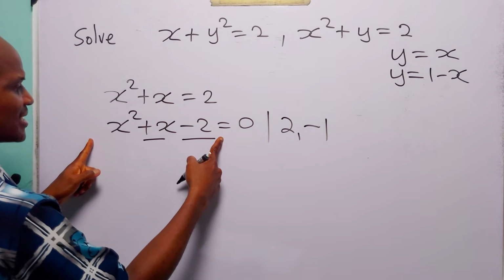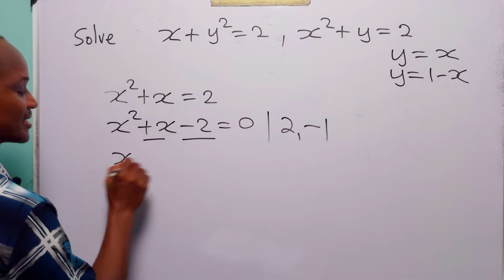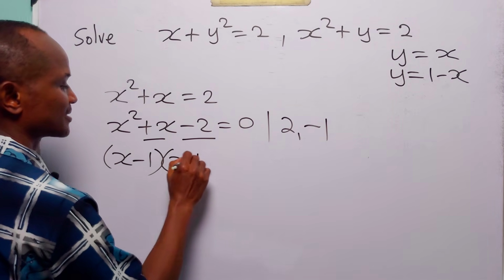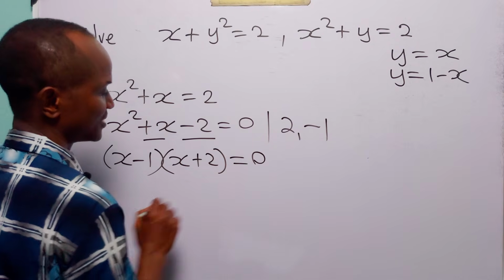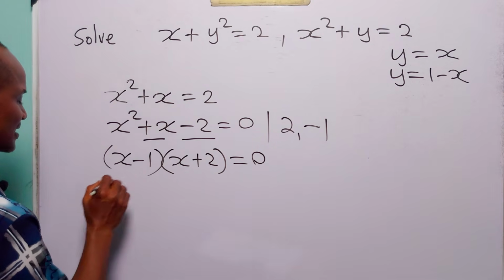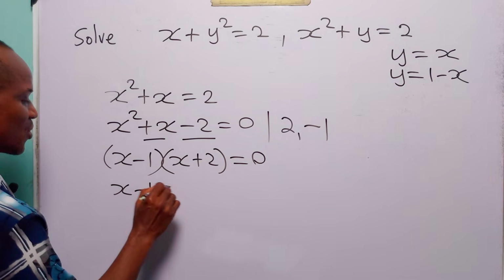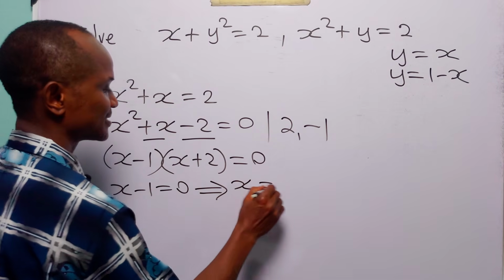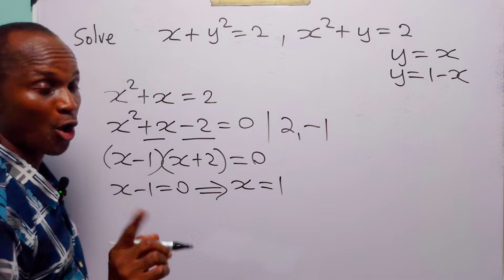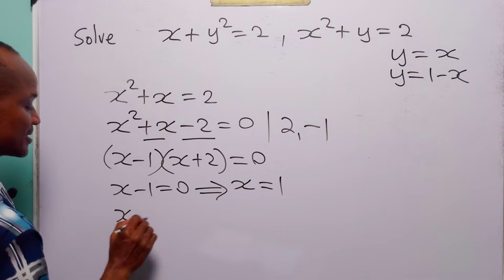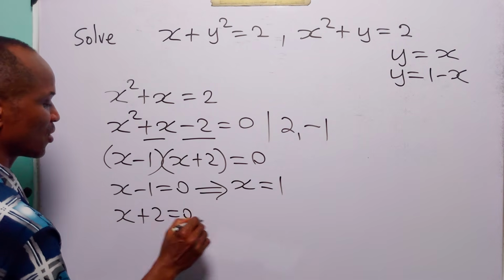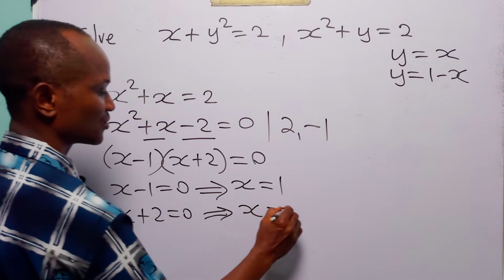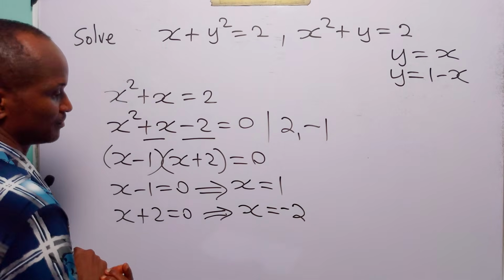So when we factorize the left-hand side, we have (x minus 1) multiplied by (x plus 2) is equal to 0. From here, we have that either x minus 1 is equal to 0, from where x is equal to 1, or x plus 2 is equal to 0, from where x is equal to minus 2.